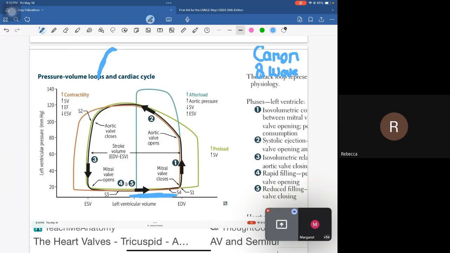Now, after the A wave, there is a next wave. After the A wave, the atria is going to relax for a second, and then immediately after that, the right ventricle is going to contract. Whenever the ventricles contract, the tricuspid valve and the mitral valve will close.